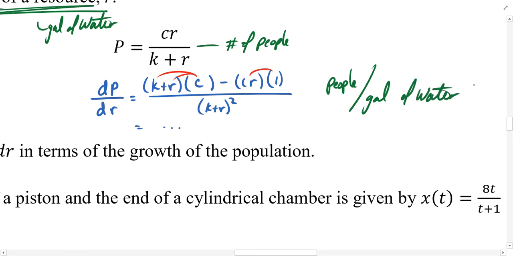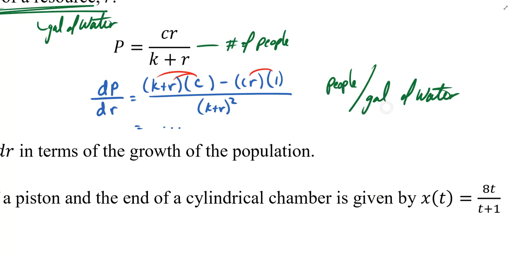Now, it seems kind of strange at first to talk this way, but certainly I think you can predict what would happen if, say, we were to reduce the amount of water that's available to a particular population. As the amount of that resource declines, as it lowers, then the number of people that can be supported will lower as well.